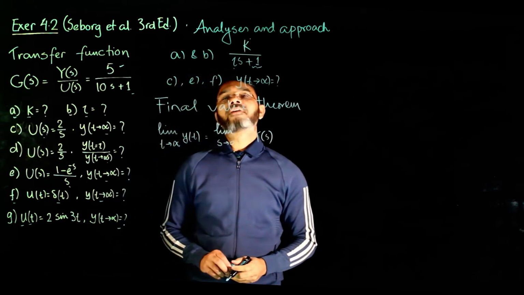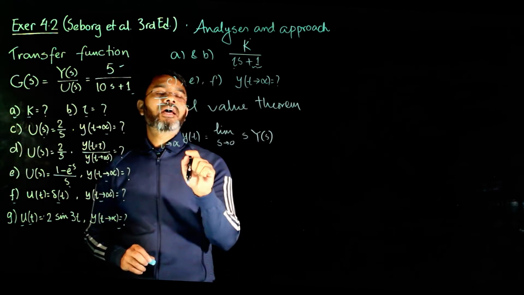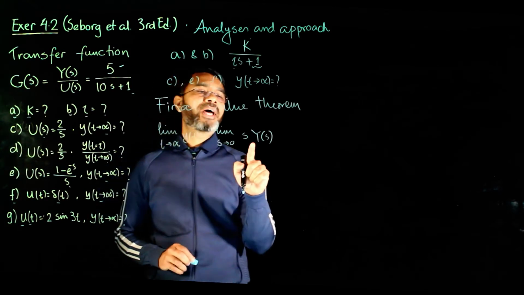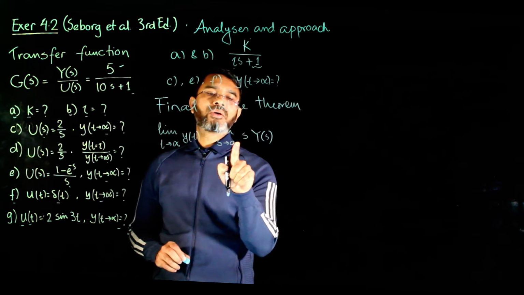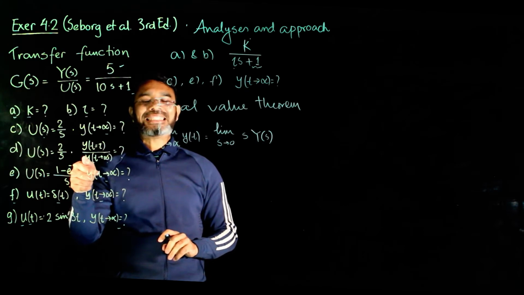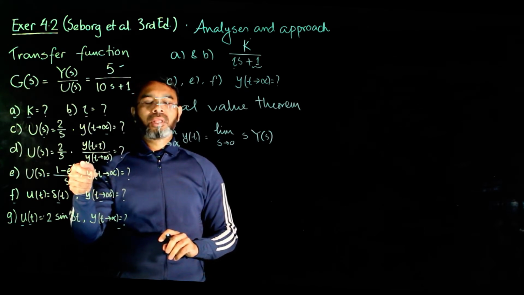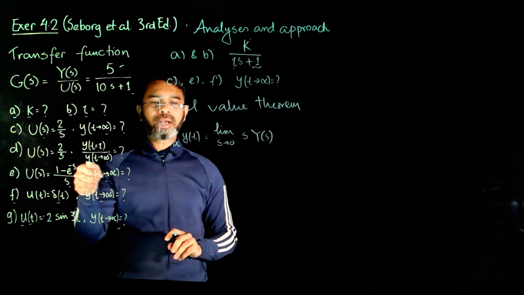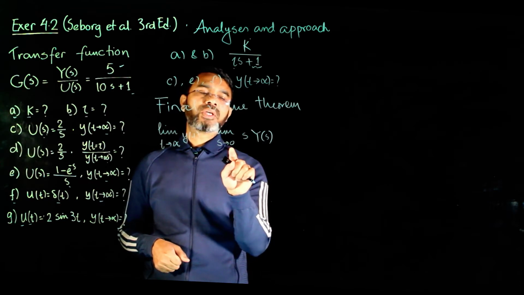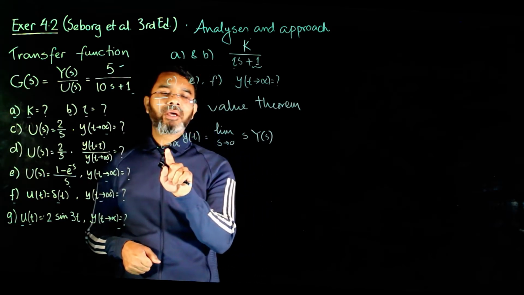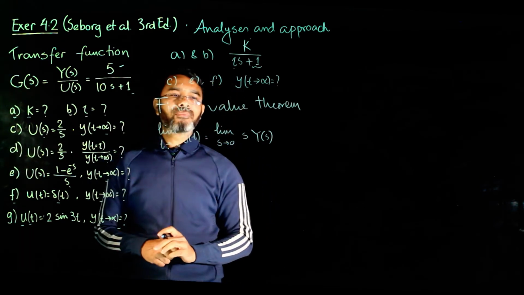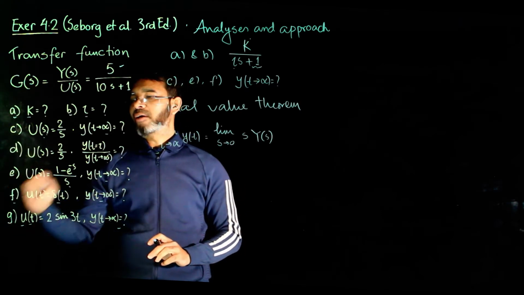Again, the final value theorem tells you the value of a function at t equals infinity equals the value of the function times s when s goes to 0. If you find the expression for y(t), you can plug in t equals infinity, or if you know Y(s), you can multiply it by s and then plug in s equals 0 to get the value of the function in the time domain when t goes to infinity. For our case, we'll use this final value theorem for part C, E and F.